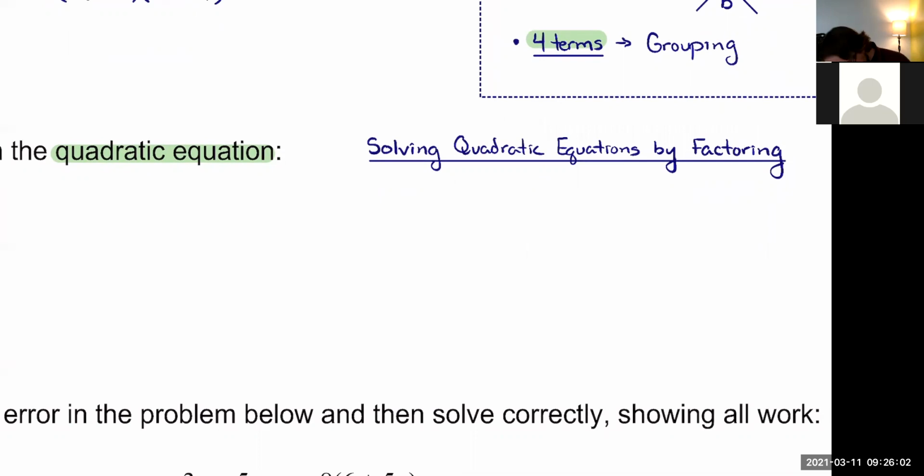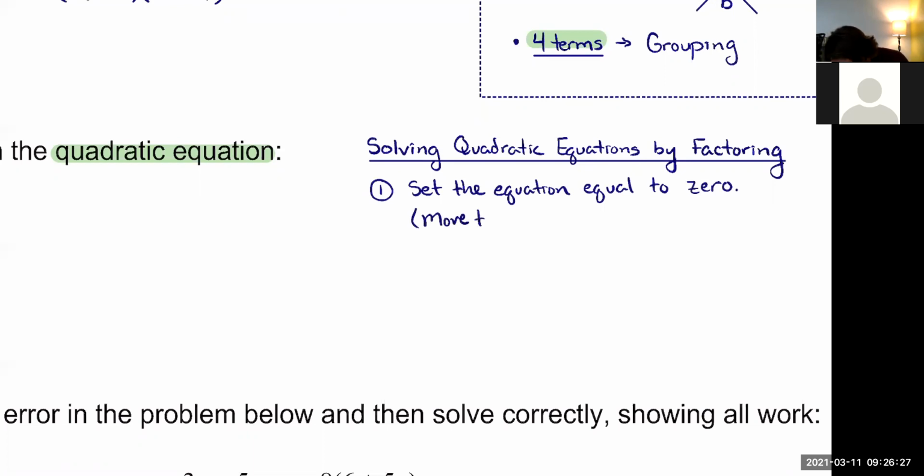So for solving quadratic equations by factoring, first thing we needed to do was make sure we set the equation equal to 0. And for that, I'll make a little side note.